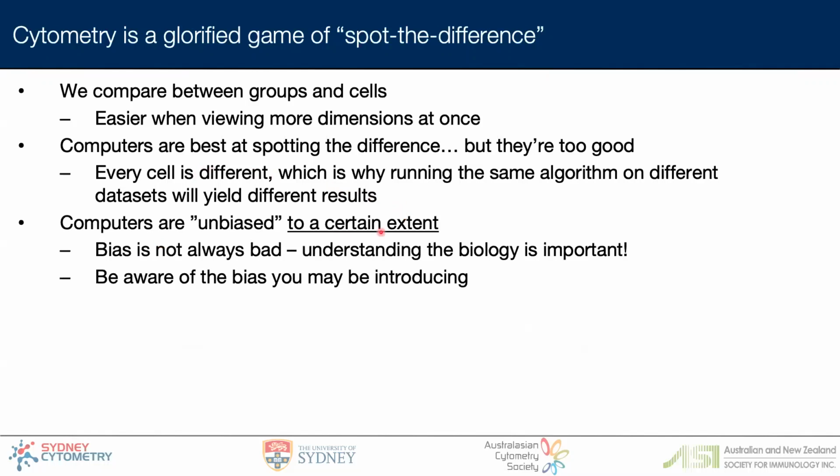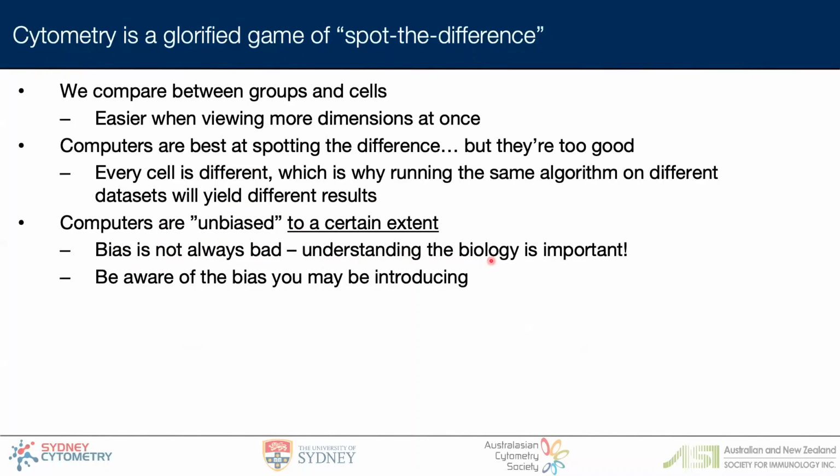Another thing that I think is worthwhile to point out is whether computers are unbiased or not. And it is true, they are unbiased, but only to a certain extent. I think it's important to appreciate that not all bias is bad, especially in cytometry. Understanding the biology is really important. And Tom spoke about this yesterday and the day before in terms of when we gate on our cells.